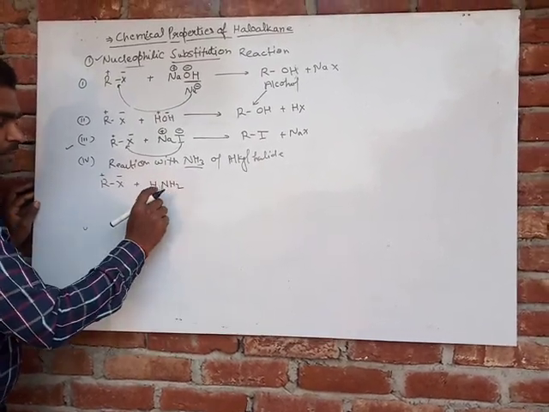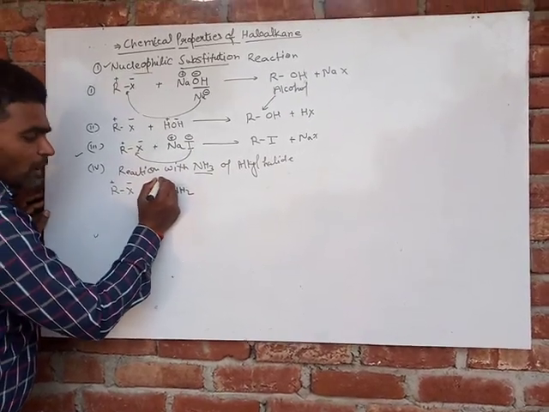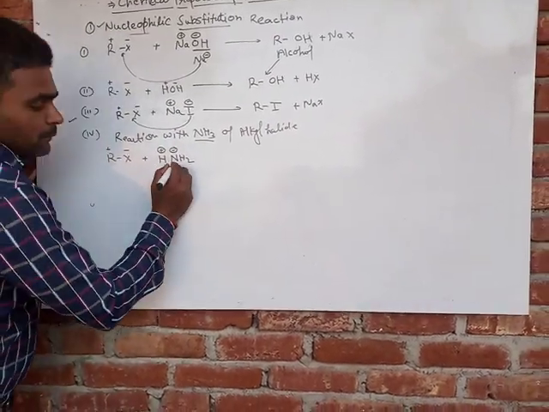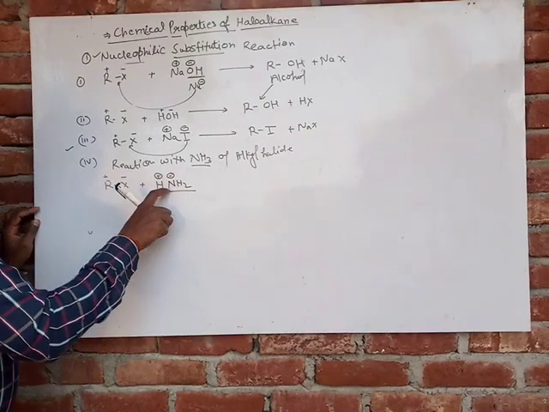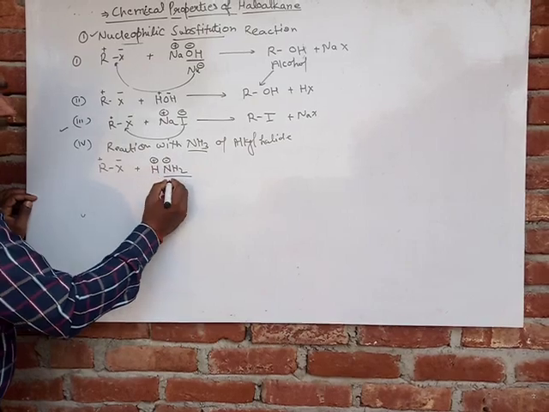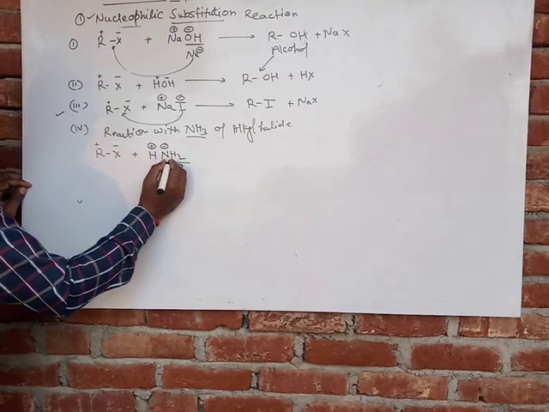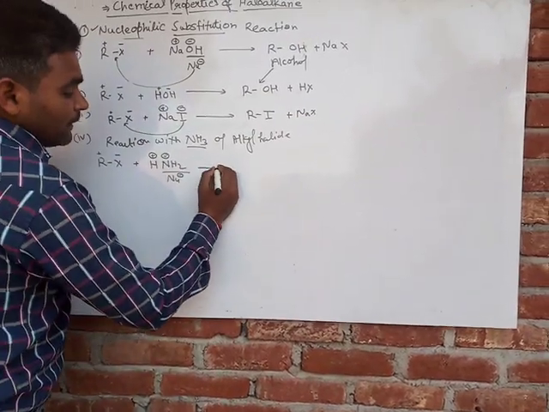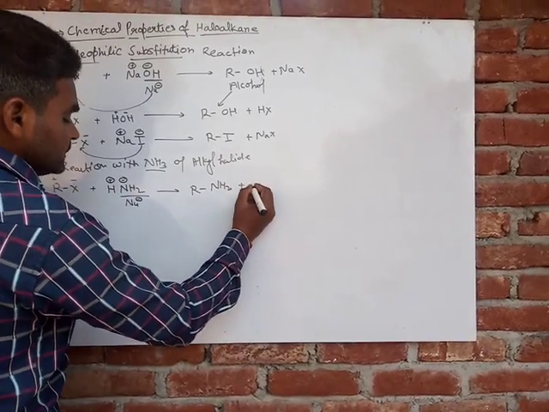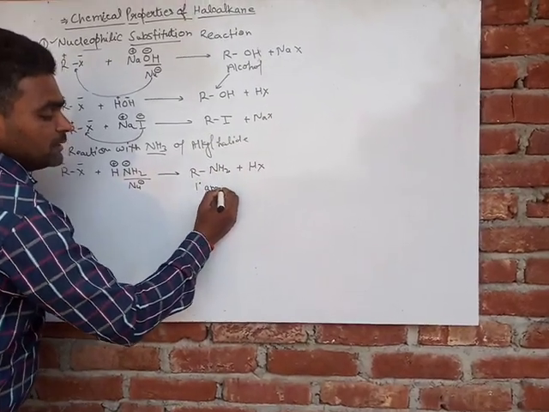Here H is positive charge and NH2 is negative charge. Now it is clear that NH2 behaves as a nucleophile. So NH2 attacks the RX and forms RNH2 plus HX. This is called primary amine.